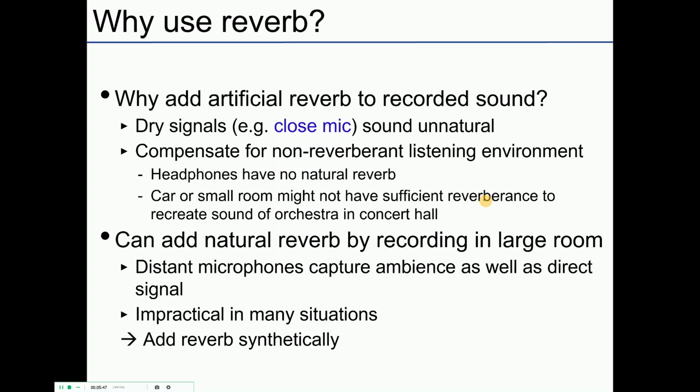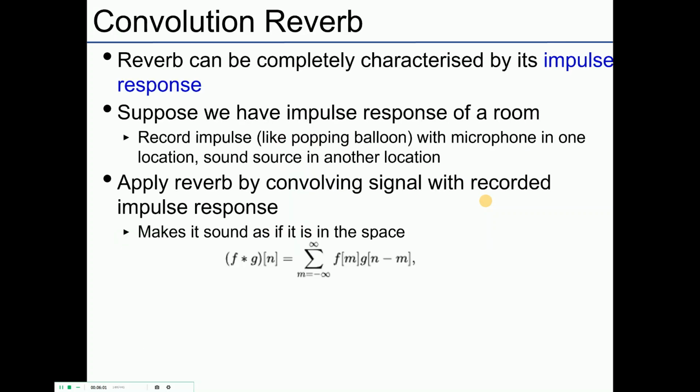So for all of those reasons, one might want to add natural reverb to a recording. And then, of course, one might want to add unnatural, unrealistic reverb to make something sound eerie, artificial in some sense.